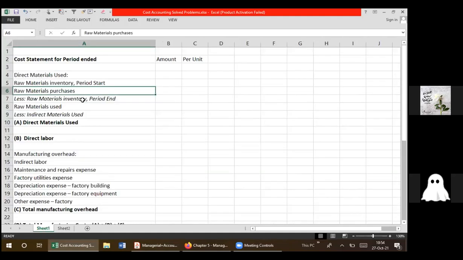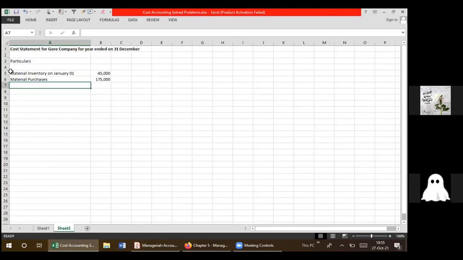So we have the second item, that is material purchases, 175,000. According to the format or the process, next thing we need is less raw material inventory for the period ended. Let's just call them raw, not to confuse anything.